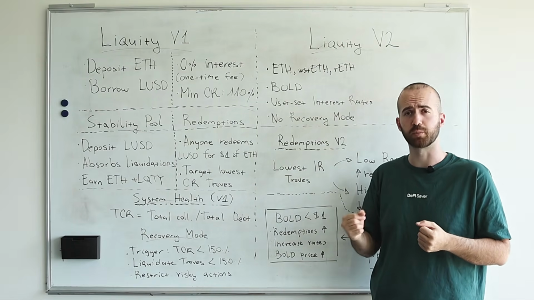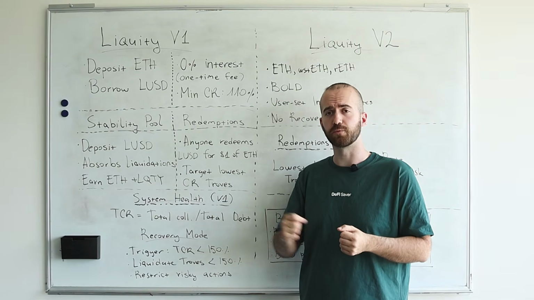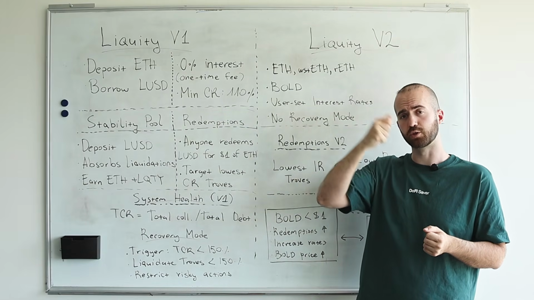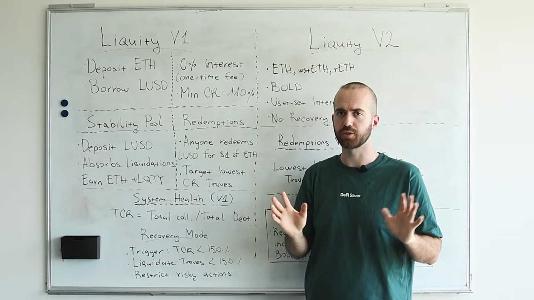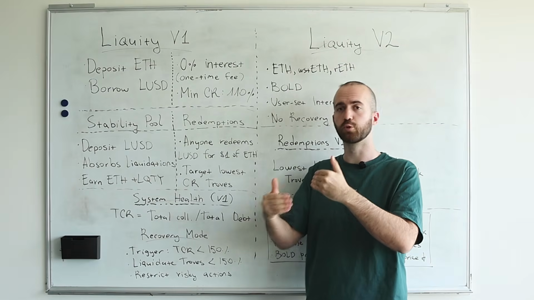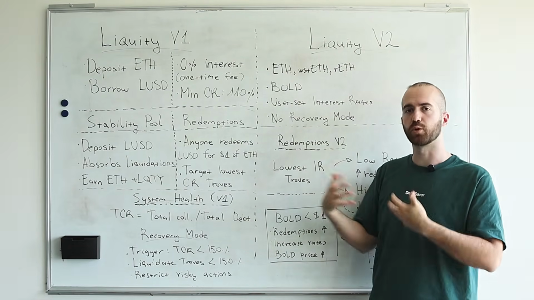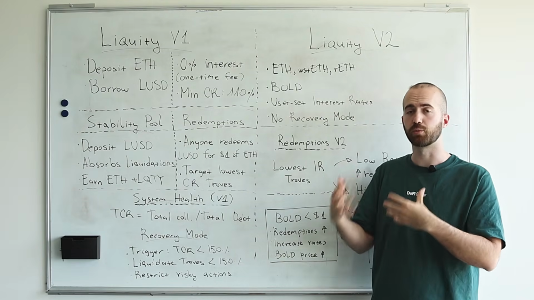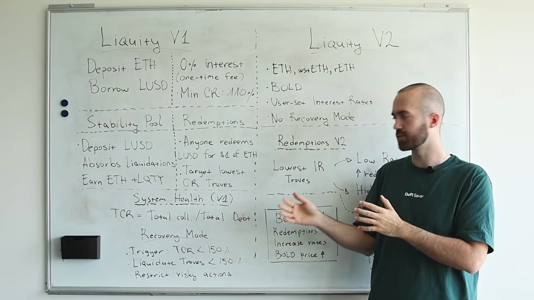When somebody comes to redeem their LUSD for ETH, that trove is going to get targeted. That user is going to lose $1 worth of ETH and get 1 LUSD back. So it's not a liquidation. It's rebalancing the position, where the user loses exposure to ETH. That incentivizes people to stay on top of their position and manage their collateral ratio to make sure they're not next in line to get redeemed against.